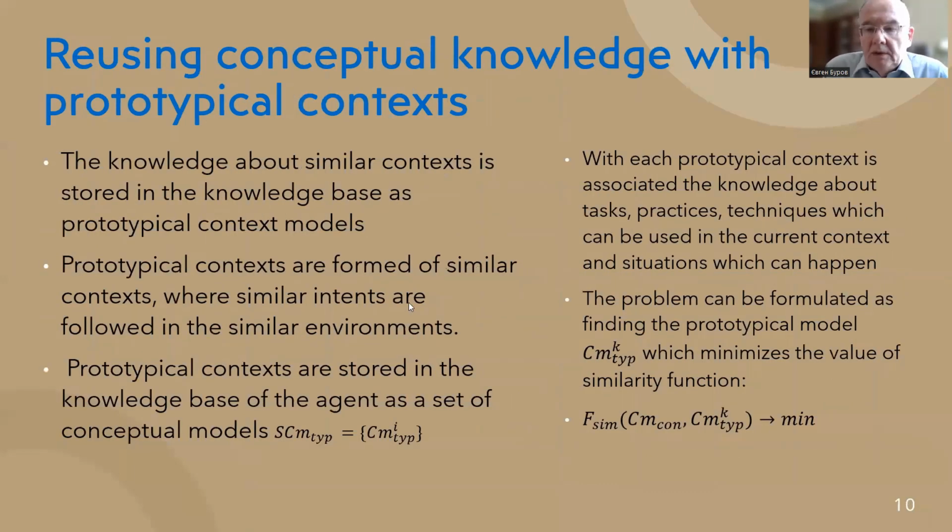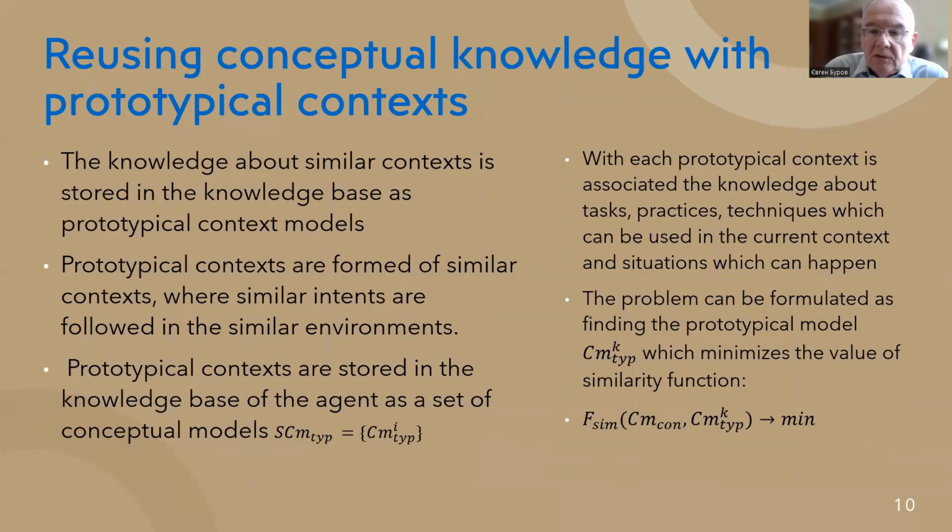In order to reduce the number of possible situations monitored, we use the notion of prototypical context. The knowledge about similar contexts is stored in the knowledge base as a set of prototypical contexts.